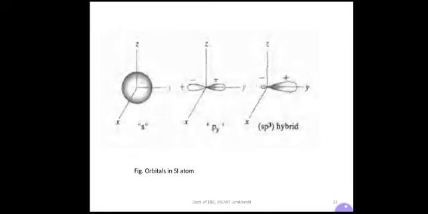There are 3p orbitals which are mutually perpendicular. These are shaped like dumbbells, as you can see in the figure, with a positive lobe and a negative lobe. The 3p subshell can hold up to 6 electrons, but in case of Si it has only 2.